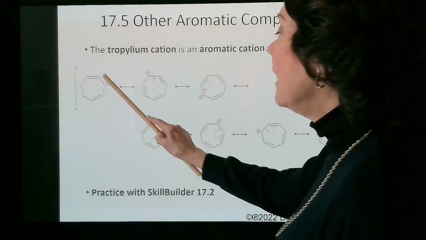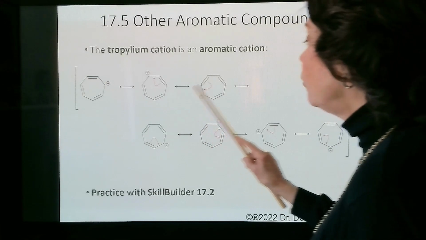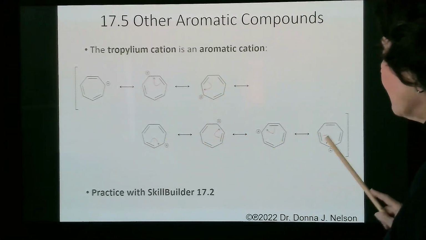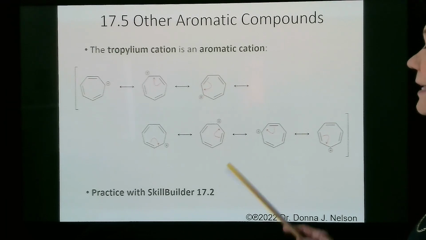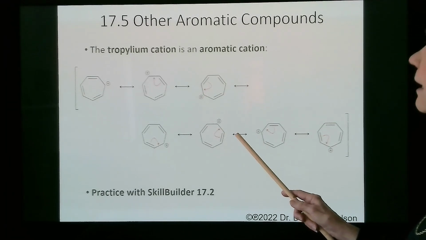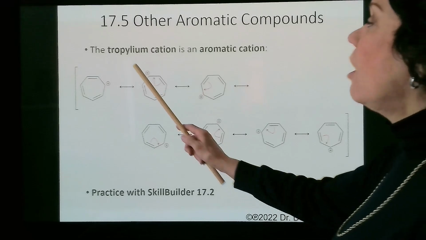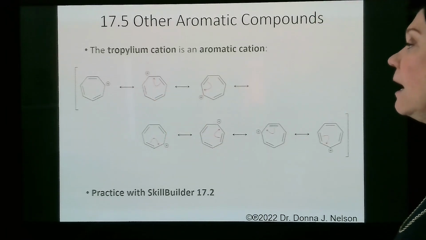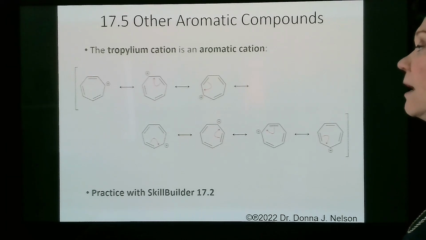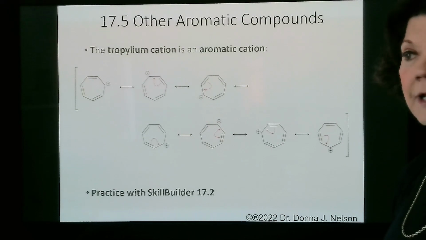And you can see that the positive charge can rotate all the way around the ring by using all of the different resonance structures. This particular cation is aromatic, and it is called tropylium. This is the tropylium cation, or you can just say cycloheptatrienyl cation.